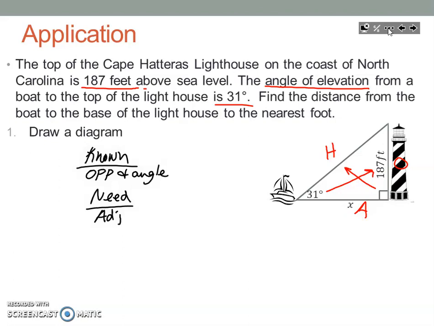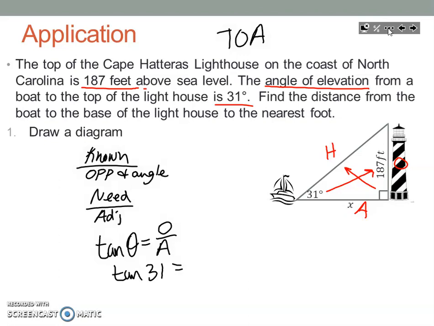TOA. TOA has the O and the A. So I'm going to need to use my tangent theta equals opposite over adjacent. I'm going to fill in my information. So I've got tangent of 31 equals my opposite, 187 feet, and my adjacent we don't know.